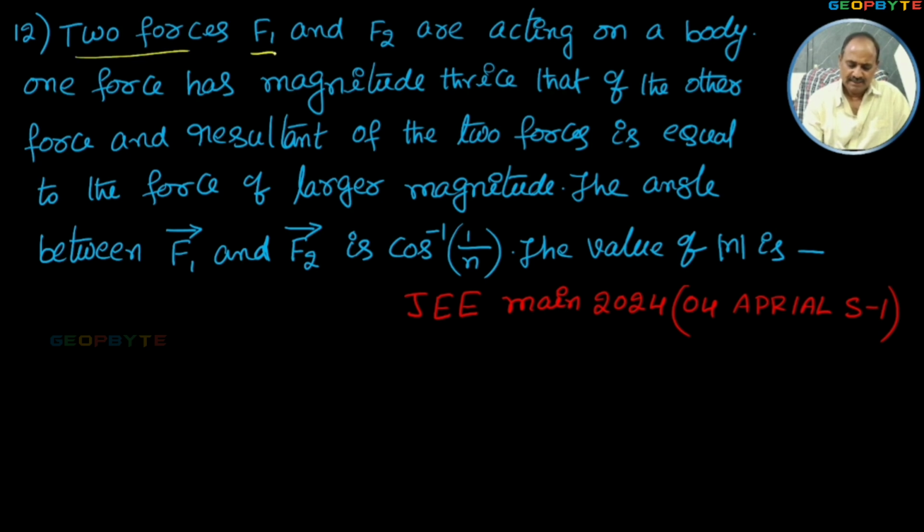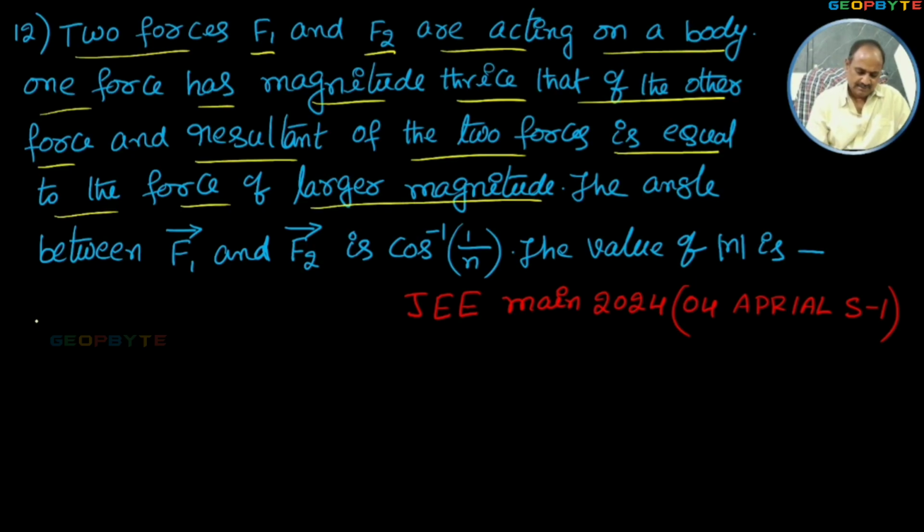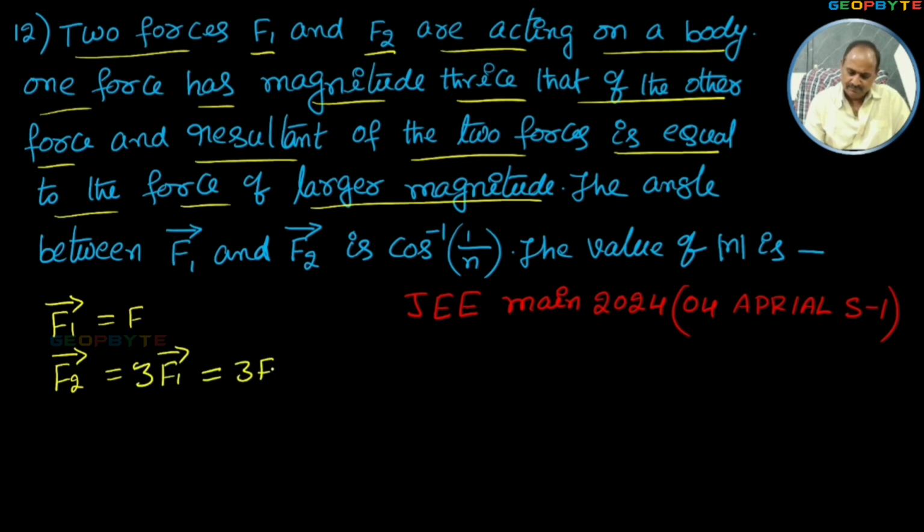Two forces F1 and F2 are acting on a body. One force has magnitude thrice that of the other force, and the resultant of the two forces is equal to the force of the larger magnitude. It is like this. If I say F1 bar equal to F, the second force F2 bar equal to 3 times F1 bar, indirectly it is equal to 3F.